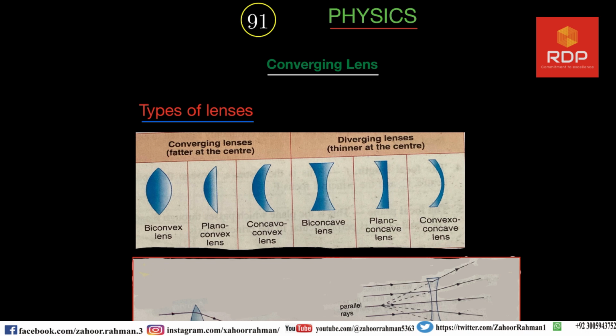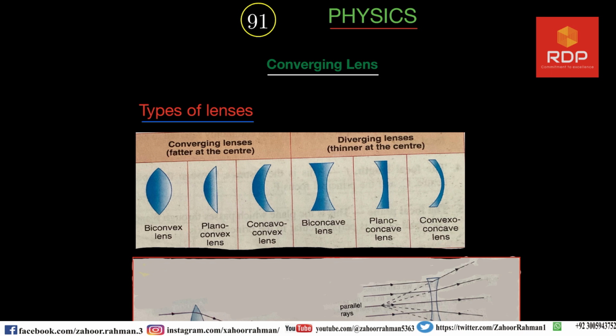The first subtopic is types of lenses. Now, to understand this unit perfectly, you must understand the different types of lenses. Lenses are commonly made of glass or clear plastic.